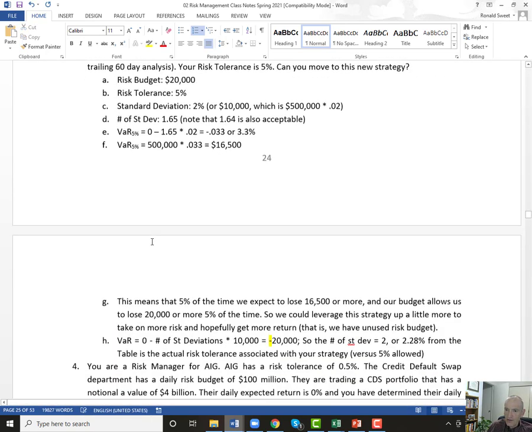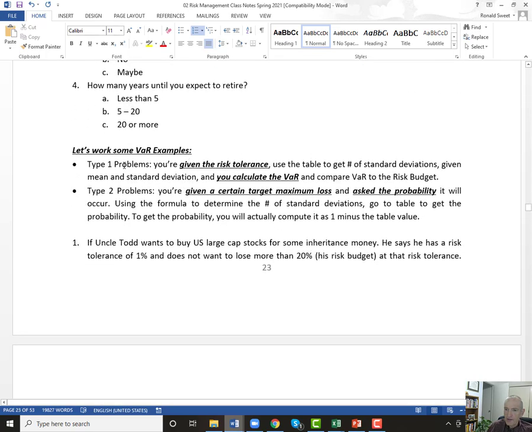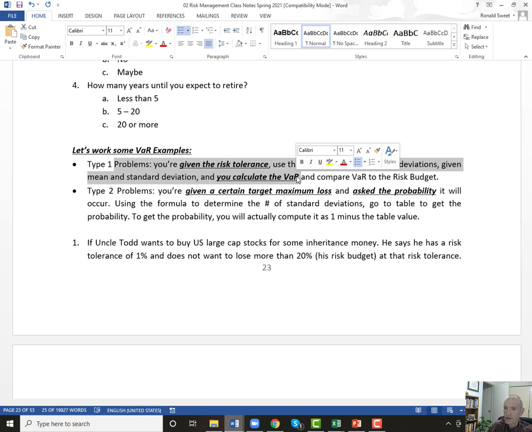All right, so hopefully you're seeing on the first exam, the majority of the problems will be the very simple, give me the VAR, and you compare it to your risk budget. Sometimes you'll have to do it in percents, sometimes in dollars, but that's going to be the majority of the questions on the exam related to value at risk calculations. But every once in a while, I ask you to do the second one.